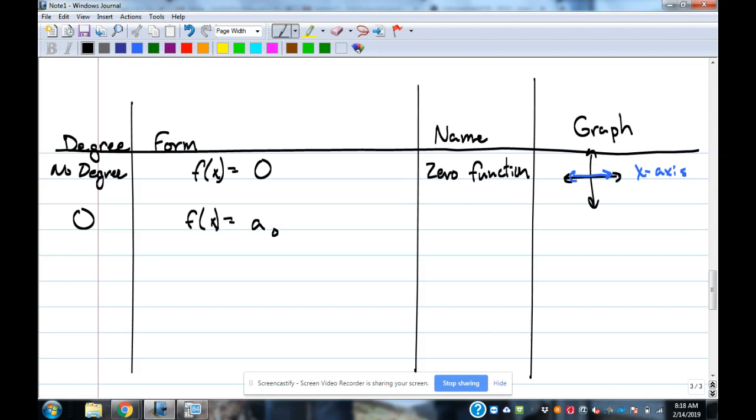It could be 125. It doesn't really matter what number this is. It's just a number. Does anybody remember what that's called? Back from chapter 3 or in the library of functions, when we were doing the piecewise. Constant function.